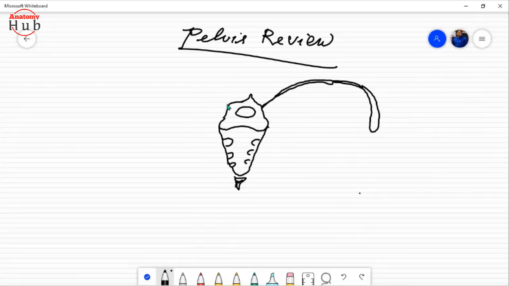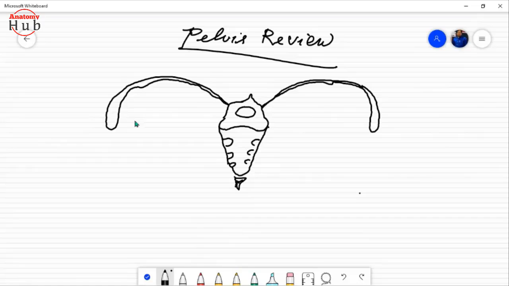Like that, on the opposite side also you'll find the iliac crest, the ASIS, and the iliac tubercle or tuberosity, which articulates with the sacrum on both sides.